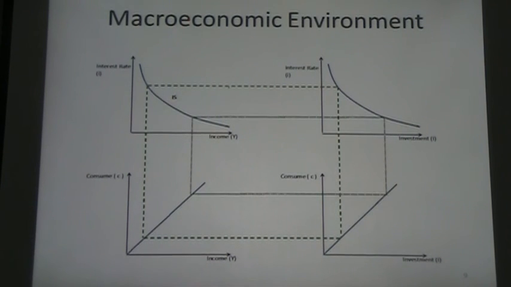Then, if we are in a country facing a higher interest rate, suppose 50 to 70%, the investment will be lower. Why? Because if you are an investor and you will receive 50% if you deposit your funds in the bank, you will deposit them there. It's better for you. You will receive a lot of money, and you could be lazy.